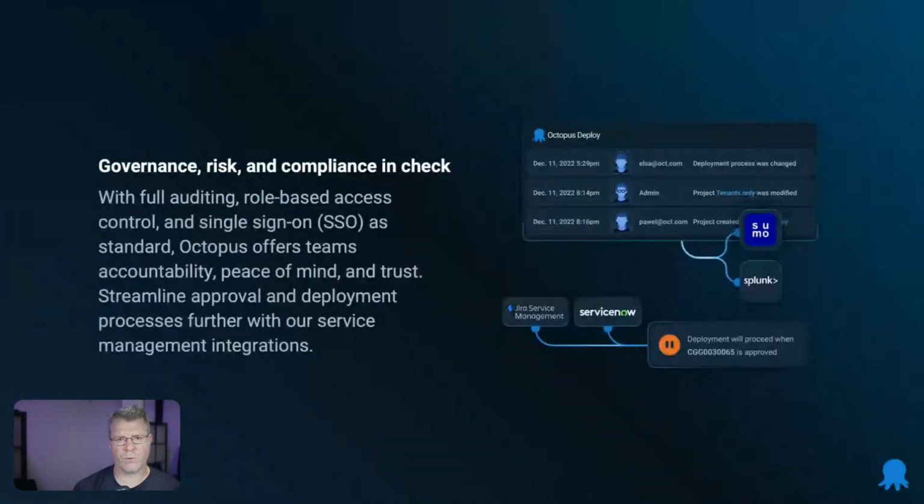And of course, I mentioned this earlier around auditing. This is something that we really care a lot about: risk, governance, and compliance. I showed you the audit log earlier. We can export that to a variety of third parties. We can also integrate with additional third parties in the form of governance, through Jira Service Management or ServiceNow as two examples. So you can have one act as the arbiter for the other.